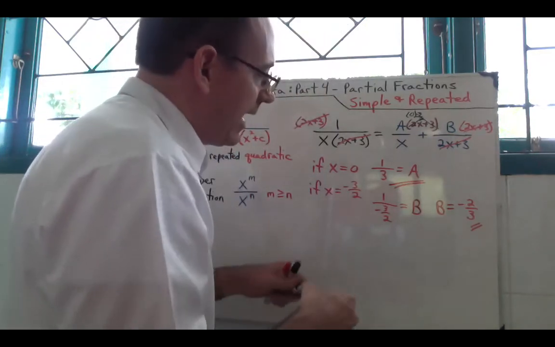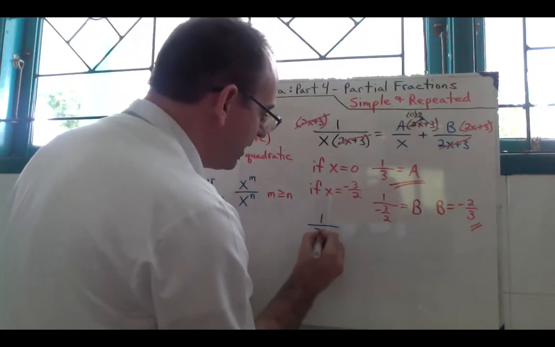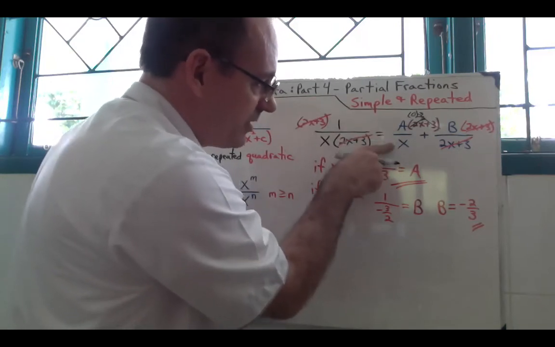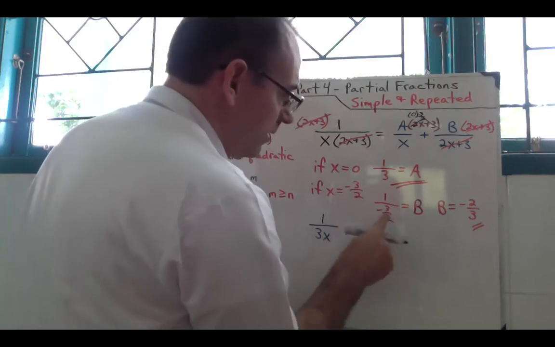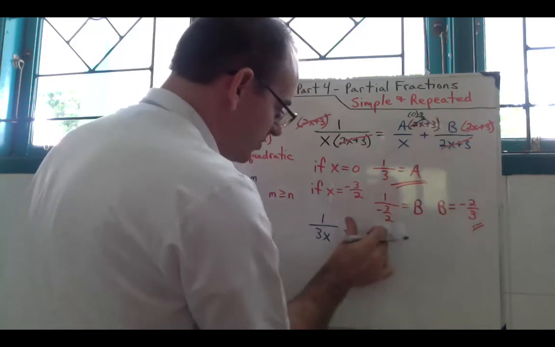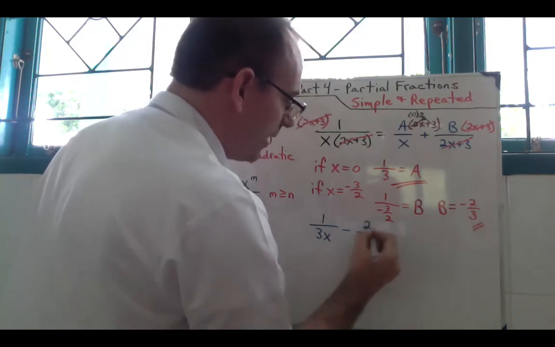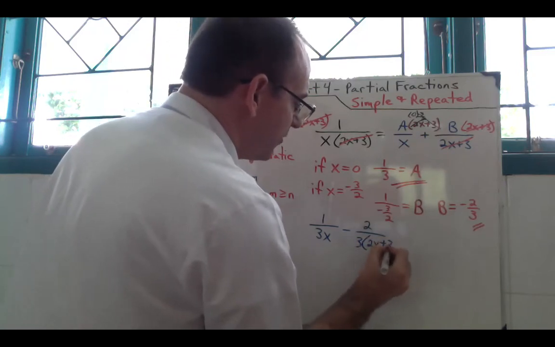So your a is 1/3, so that means you have a 1/3x. Okay, the 1/3 just means the 3 drops down to here, plus a negative 2/3, or so we have actually minus 2 over, and we have a 3 times 2x plus 3.